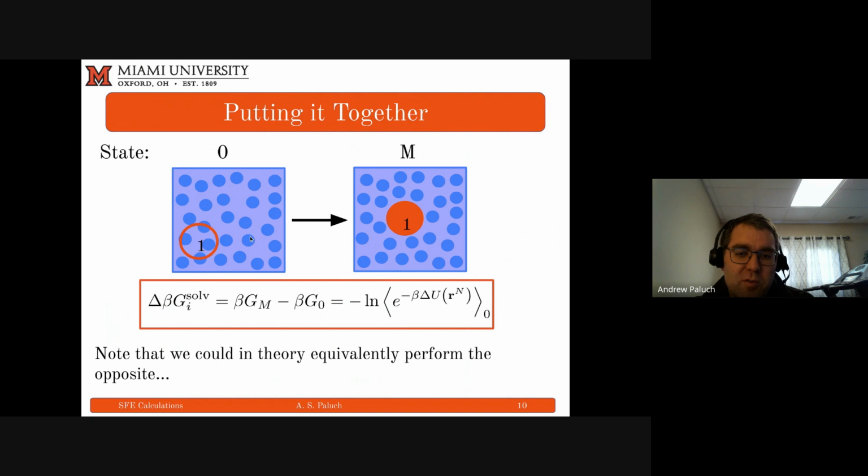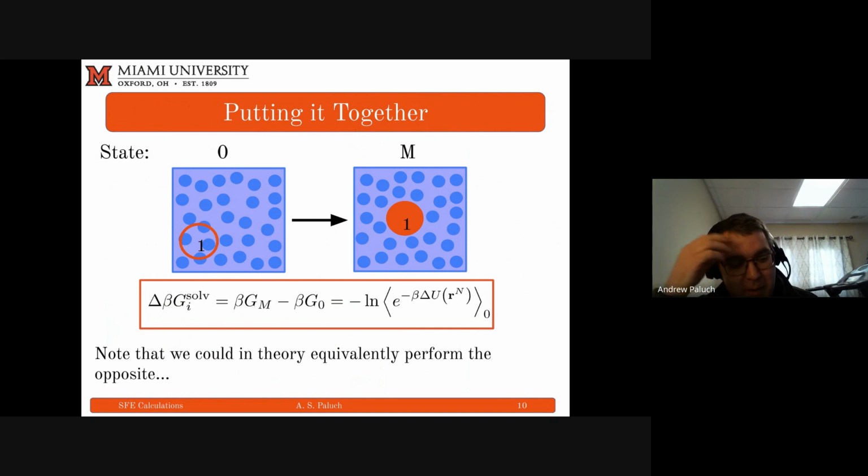You could also very well do the opposite, in which you only perform a simulation in your target state, and then periodically perform fictitious perturbations to your reference state. And so you could work out an equivalent expression where you're performing these ensemble averages in state one as compared to state zero. But the key is you only need to perform a calculation in one of these states. I guess if I don't hear anything, I'll assume so far so good.